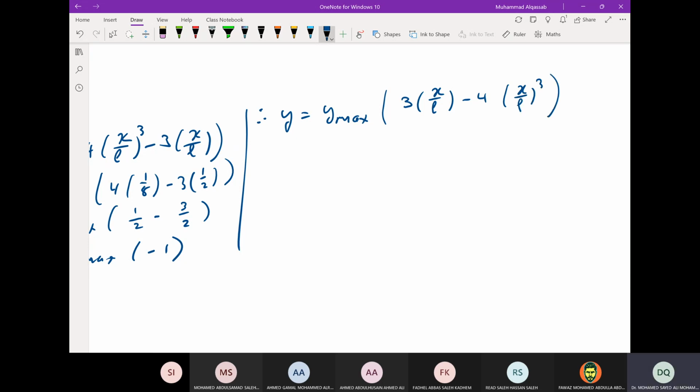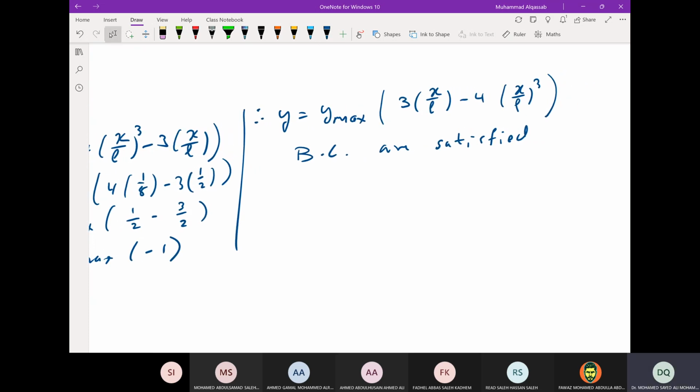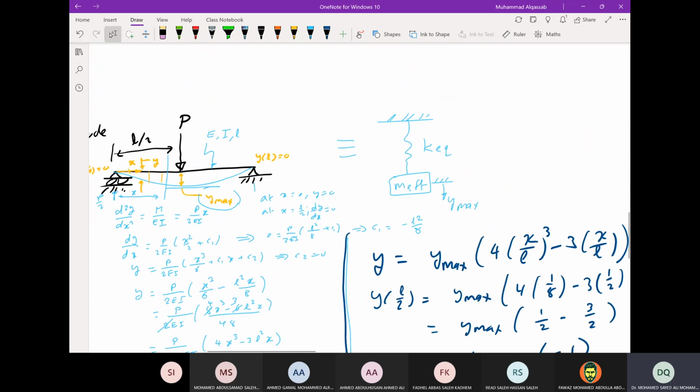So now this will satisfy the boundary conditions. Already y at 0 is 0. So boundary conditions now are satisfied. So this is the equation that we will use. That is the shape function. So at any value or at any point on the beam, it will be related to y maximum.